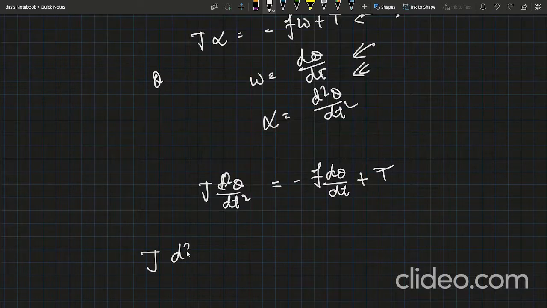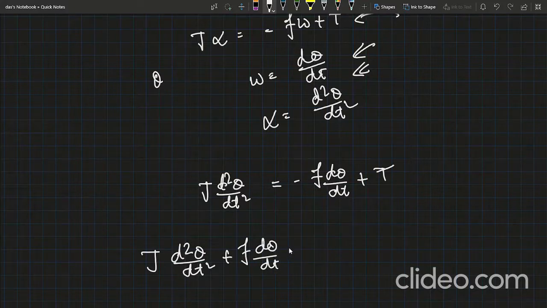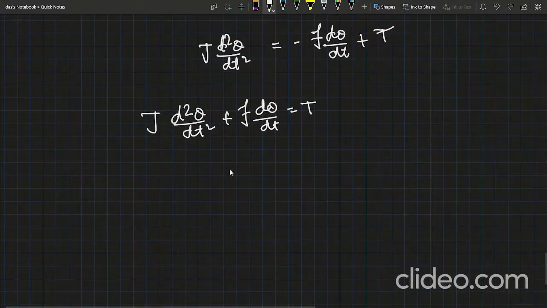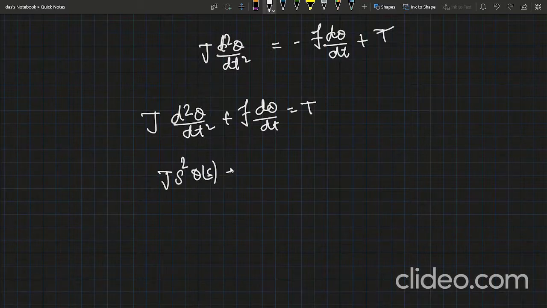Now we are assuming all initial conditions equal to 0. So now we convert to the Laplace domain, that is J s squared theta(s) plus f s theta(s) equals T(s).